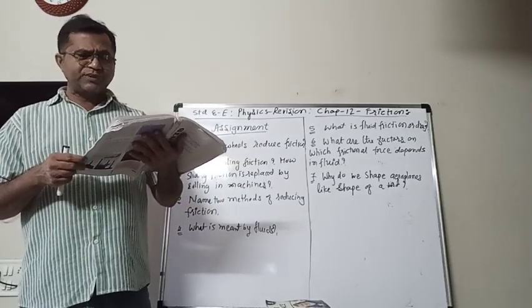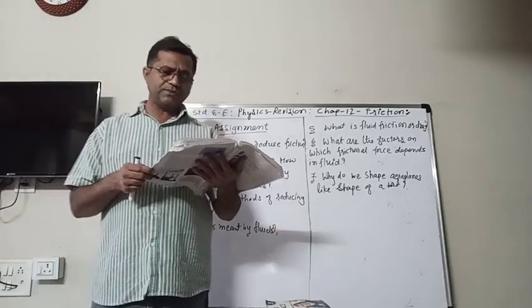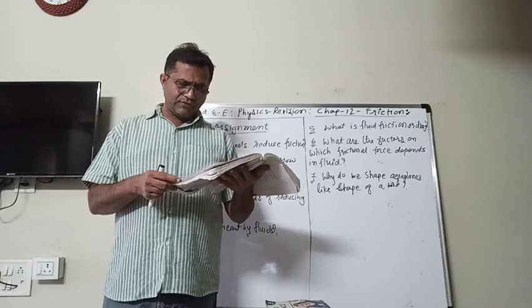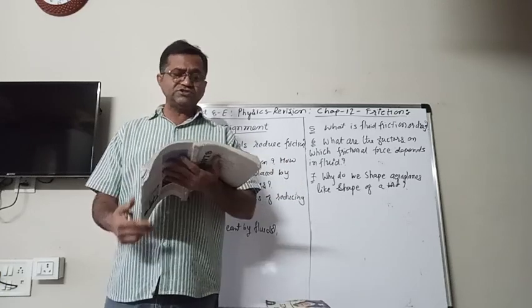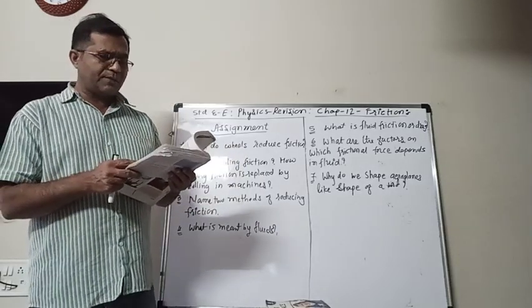That special shape is used to minimize the friction. So they are using a special shape that reduces the friction. That is the thing we have to remember.